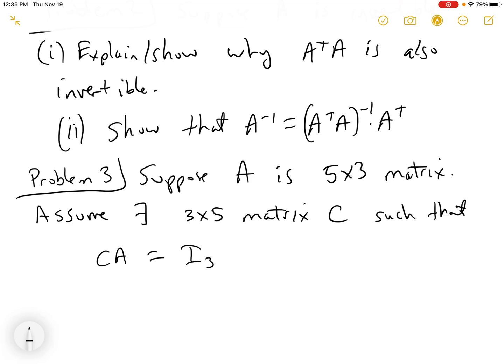Because C is on the left. So it's a 3 by 5 by a 5 by 3, and you want to show that this thing equals the identity. Or assume that this product gives you the identity. Okay.